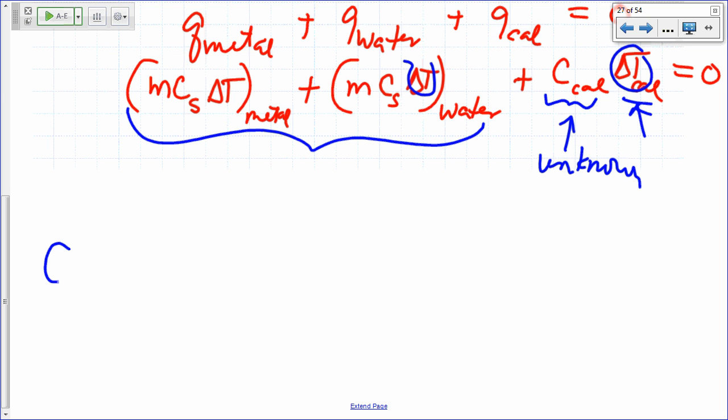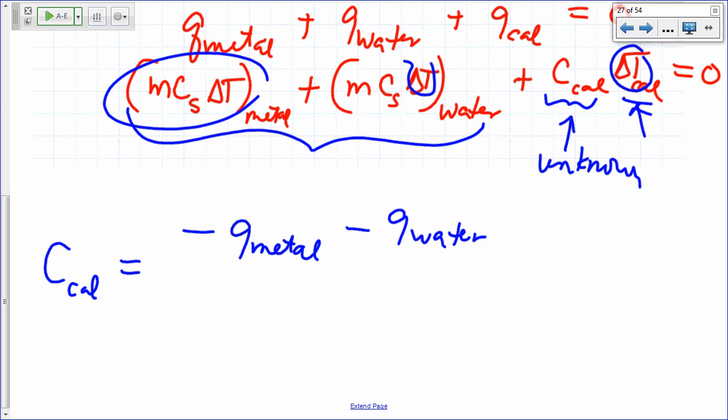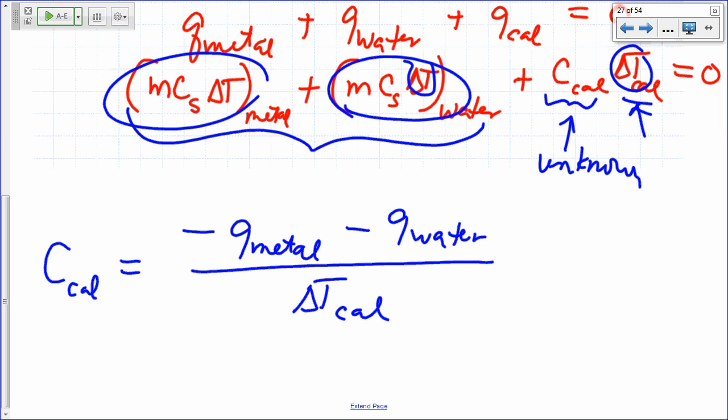So you say C cal, the calorimeter constant, would be equal to negative of Q metal minus Q water. Okay, this is Q metal, that's Q water. You move it to the other side, divided by delta T cal.